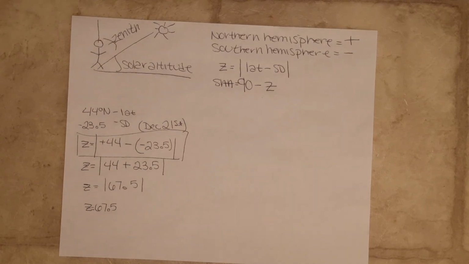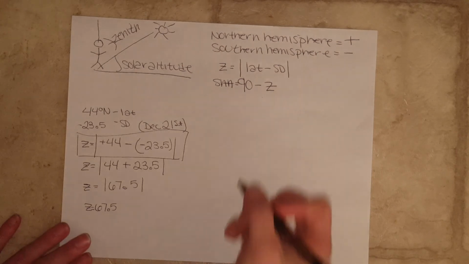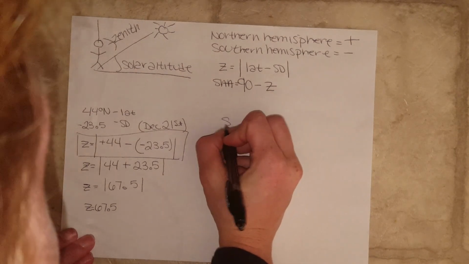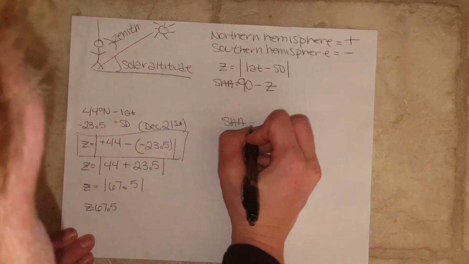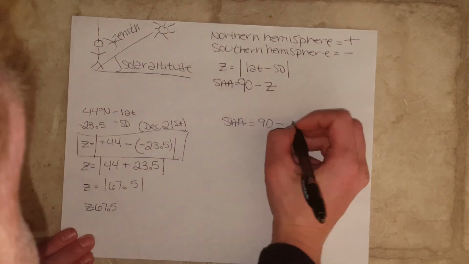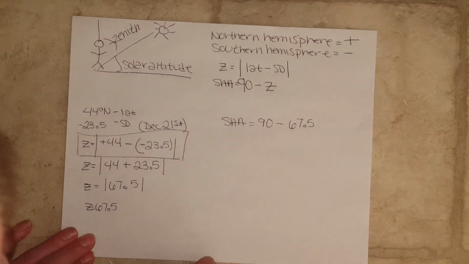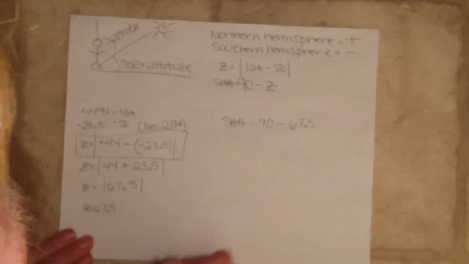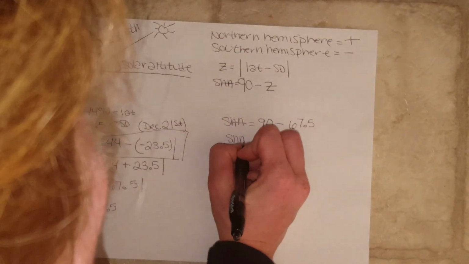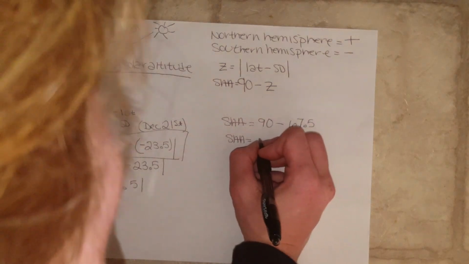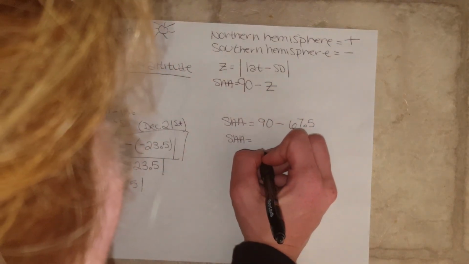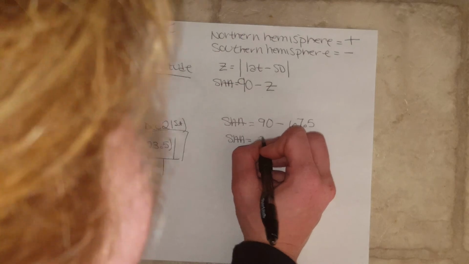Now, let's figure out how high we would need to bring our eyes up if we were looking at the horizon. In that case, all we have is solar altitude angle equaling 90 minus our zenith angle that we just found, 67.5. So our solar altitude angle is going to be, is that 22.5?